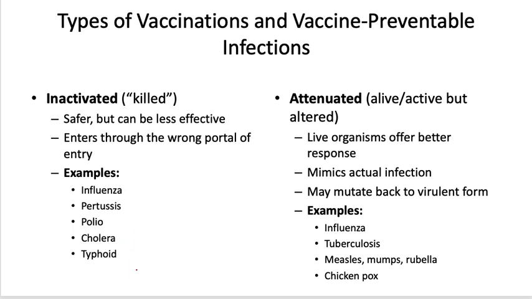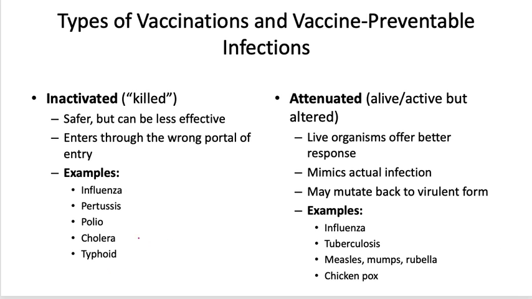Both cholera and typhoid are caused by bacterial pathogens. And then tuberculosis, measles, mumps, rubella are viral infections that can be prevented through a vaccine. And then chickenpox and also shingles are caused by the varicella zoster virus. So these are just a few examples of vaccine preventable infections.